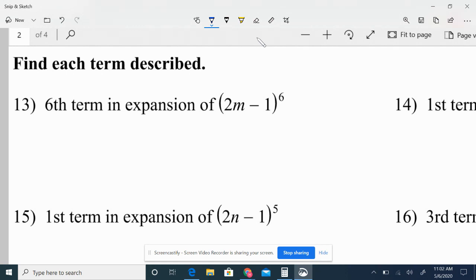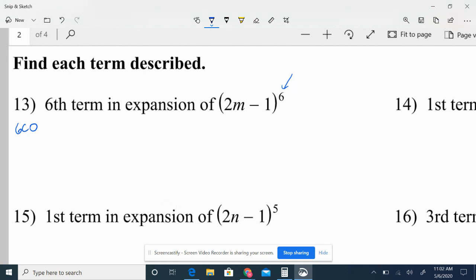But the binomial theorem, what it does is, I'm going to be looking at my expansion to the 6. The way I will do this, I will do 6 choose 0 as my number at the front.